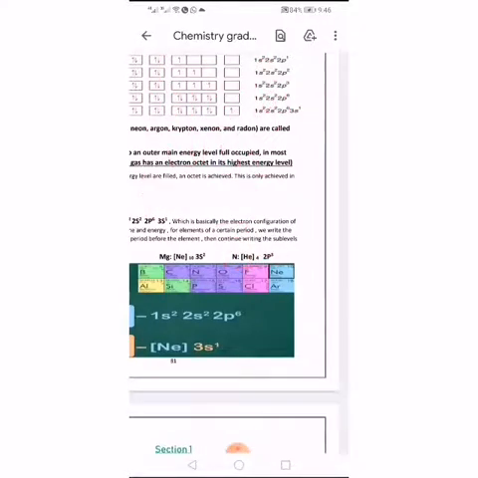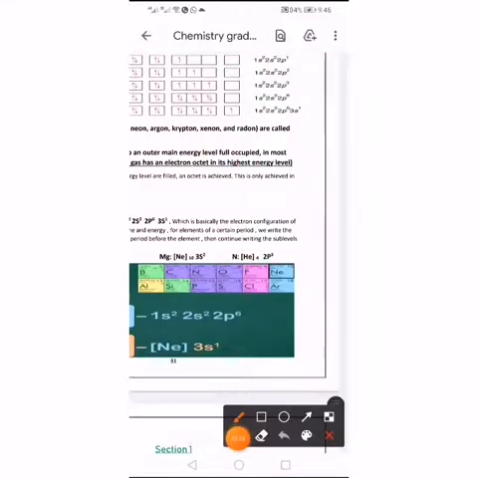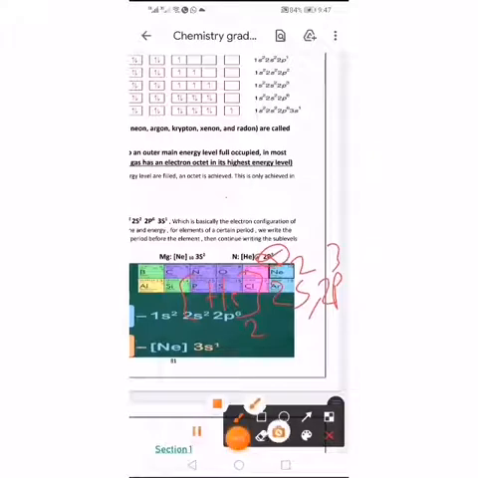We should write it like this: helium, then 2s2, 2p3. So the noble gas notation for nitrogen is helium, 2s2, 2p3. That's it. Thanks for watching.